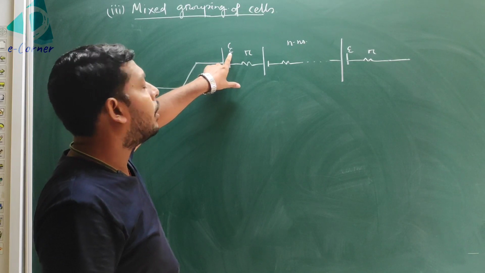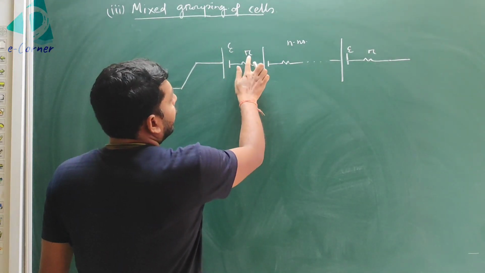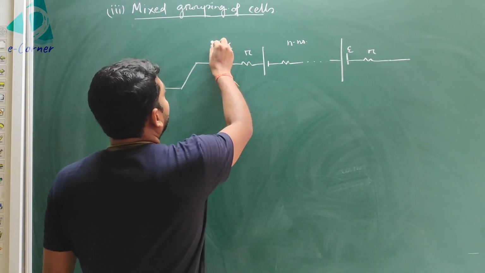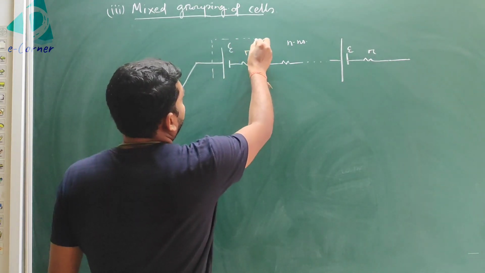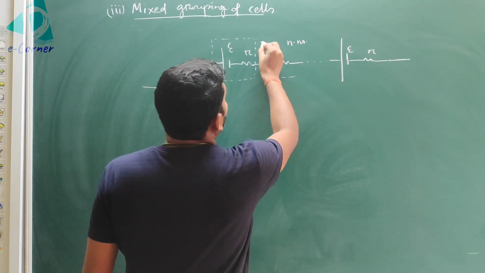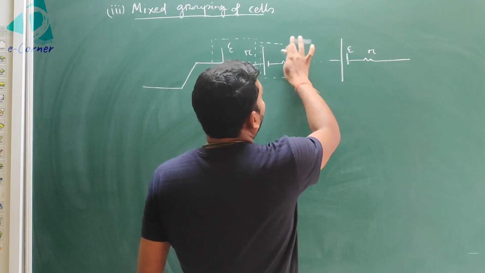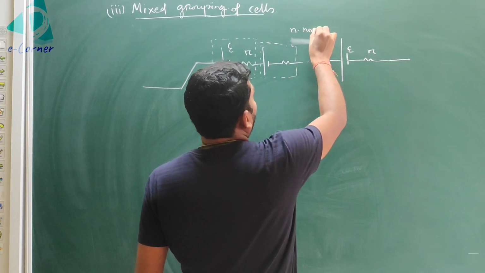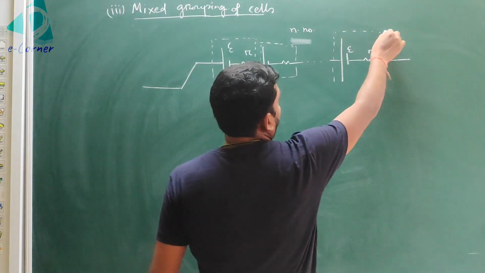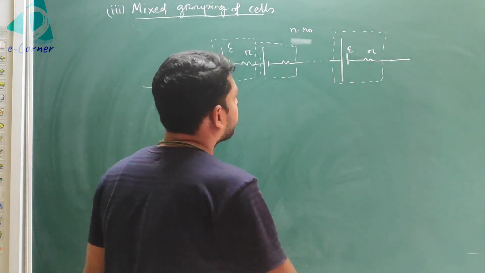But remember, the EMF of all these cells is E and the internal resistance of the cells is r. All are equal. So this is one battery, this is another battery. There are n number of cells connected in series. This is the last one, n. All are connected in series.